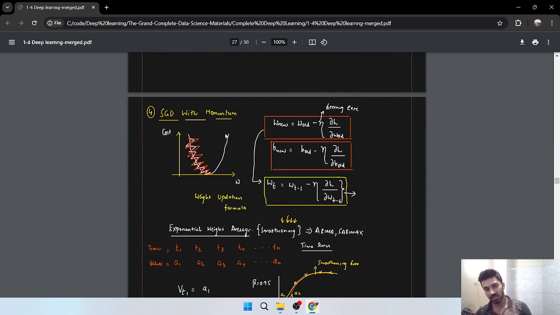So what will happen in this momentum? I think you have learned about time series problems. If you don't know that, then I think you can't understand this. If you have learned how time series works, then you will be able to understand it.